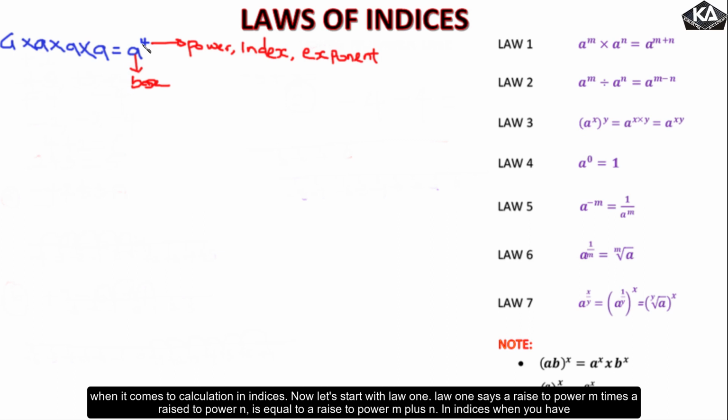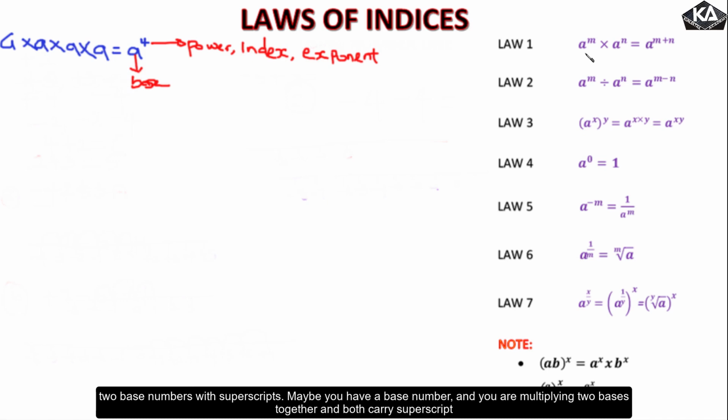Now let's start with law 1. Law 1 says a raised to power m times a raised to power n is equal to a raised to power m plus n. When you have two base numbers with superscripts, you're multiplying two bases together, and they both carry superscripts.